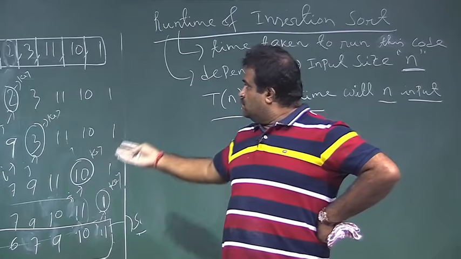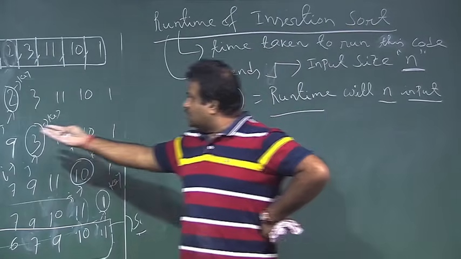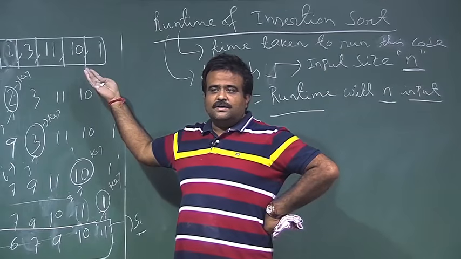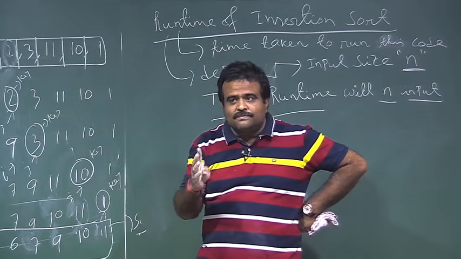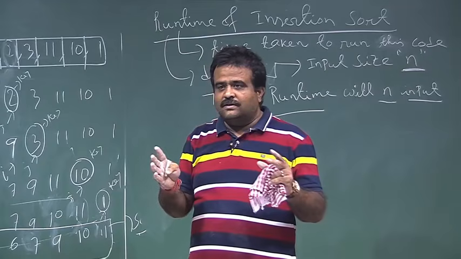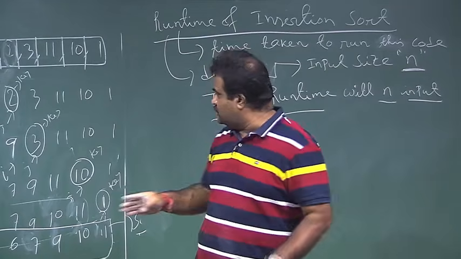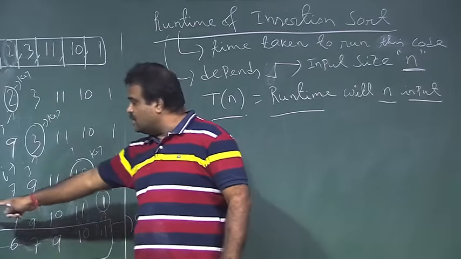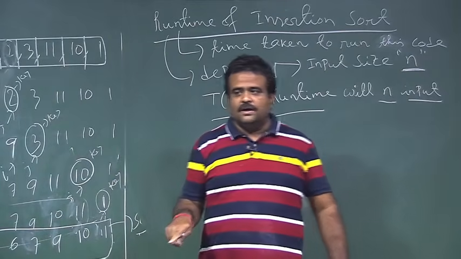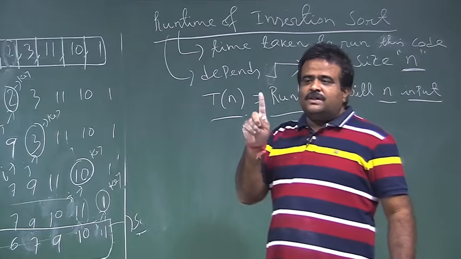If the input is already sorted, then it will take less time, and if the input is reverse sorted, then it will take more time. Reverse sorted means everybody has to come to the beginning in each step, each for loop. So, it will depend on the input.